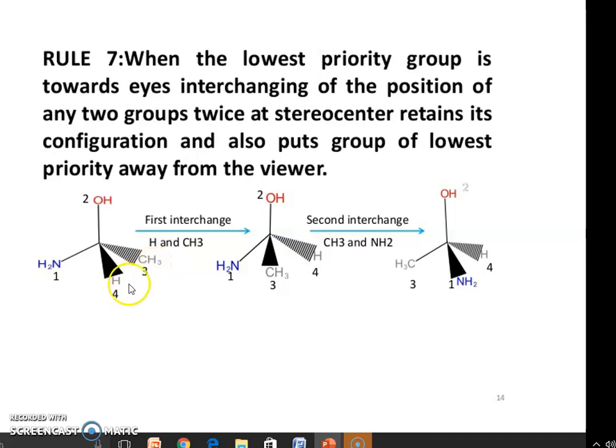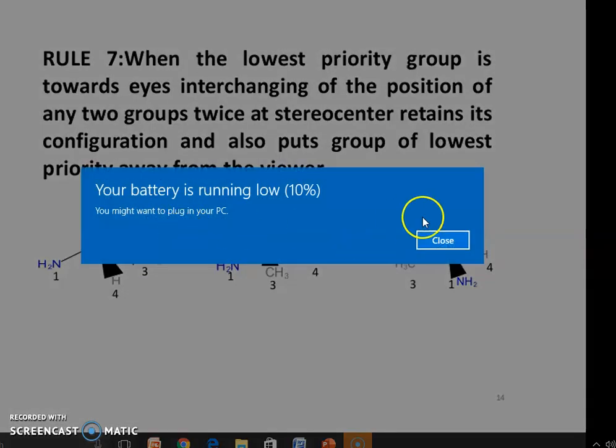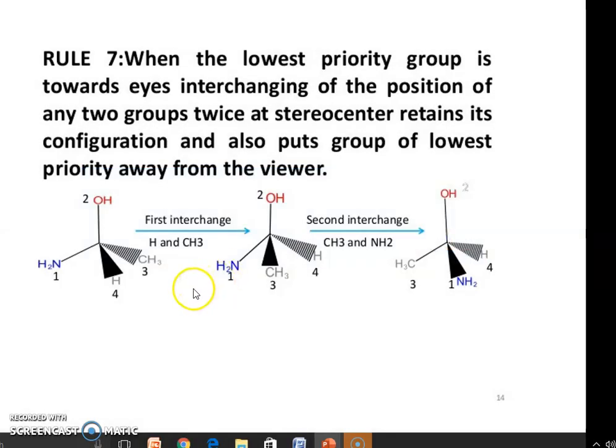So this is the lowest priority group, which we need to interchange first. How do we do it? First interchange is H and CH3. Here CH3 is brought to this side and H is brought to this side.